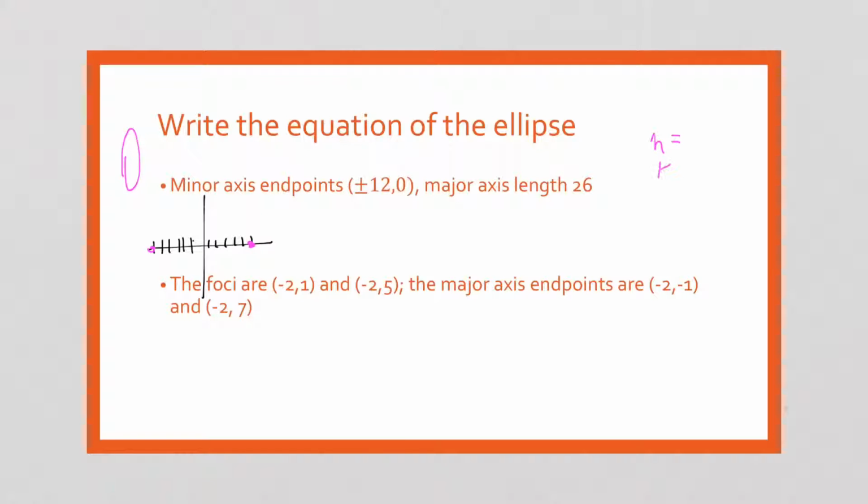So remember, I need h, k, a, b. Major axis length is 26. Well, if it's 26 and I'm centered at 0, that means I got to go up to 13, and down 13.